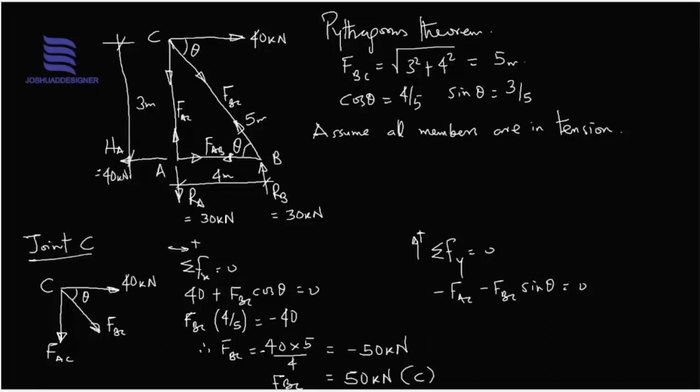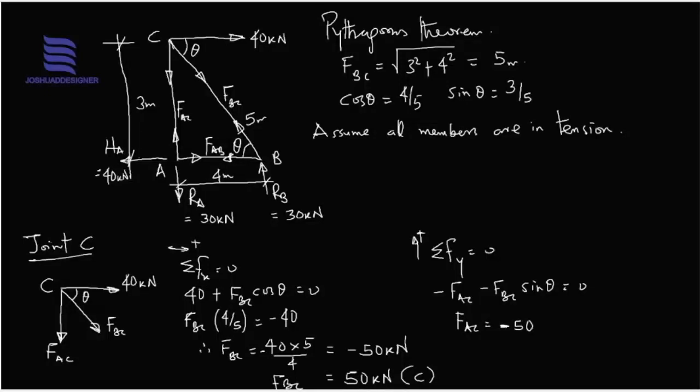Now we have gotten the value for FBC. The unknown is FAC. FBC is 50 kilonewton, but because we haven't changed the sign convention, the tensile assumption, we have minus 50.